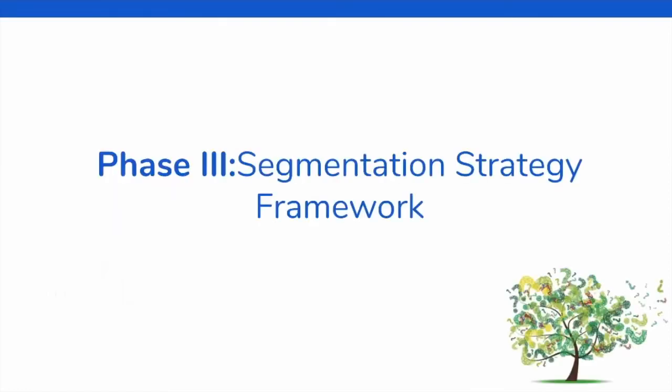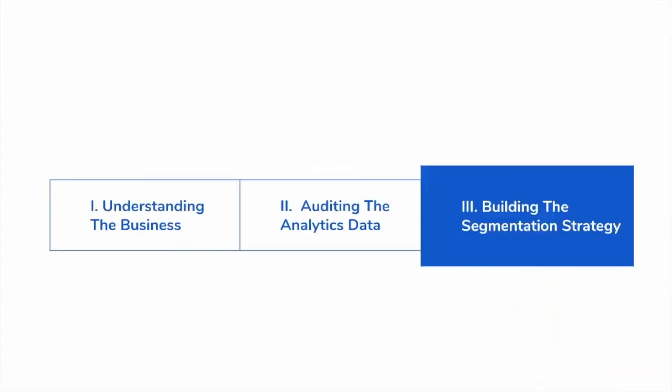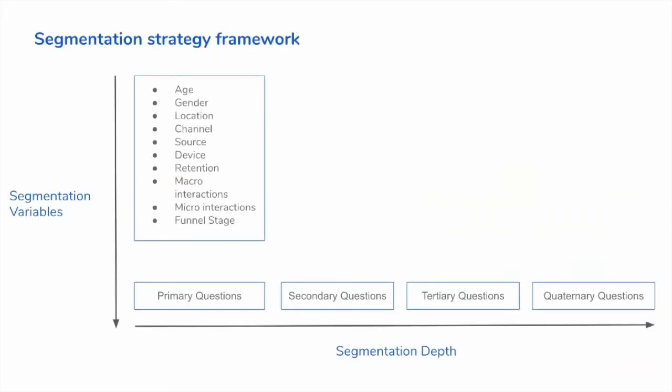So we made it. We went through the first two steps necessary in order to inform the segmentation strategy. So let's see how that looks like. We have here a simple representation of how we go about building it, and it mainly boils down to segmentation variables and segmentation depth.